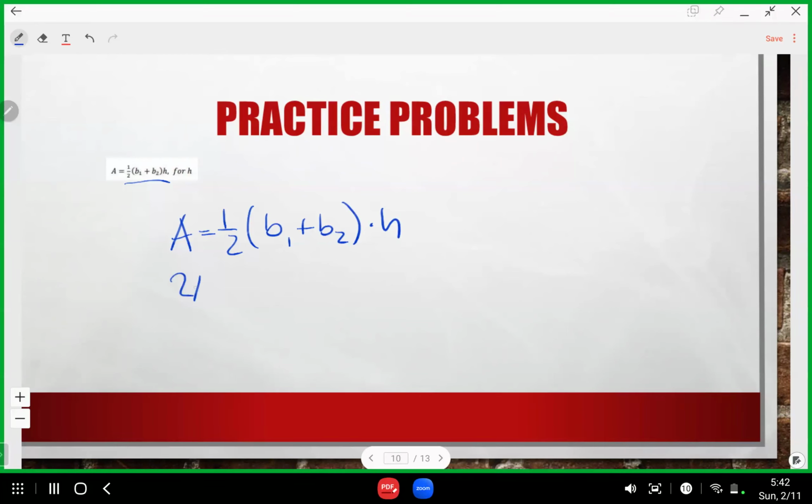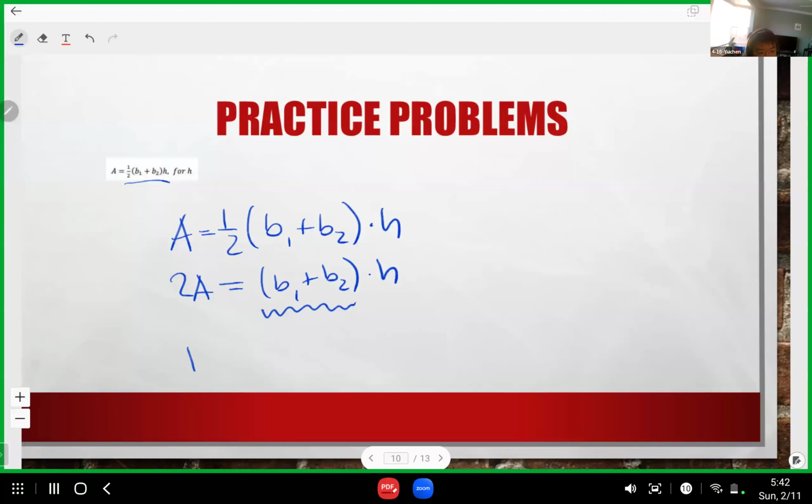So we multiply both sides by 2, we get rid of the fraction, right? 2a equals b sub 1 plus b sub 2 times h. So now we divide this part, and what did you get after you divide that part? h equals 2a over b sub 1 plus b sub 2. Yeah, that's all you need to do, as you can see. That is how you get h.